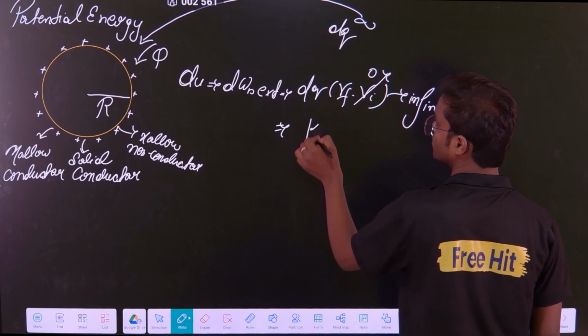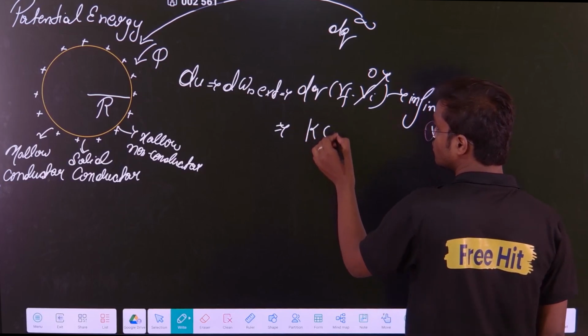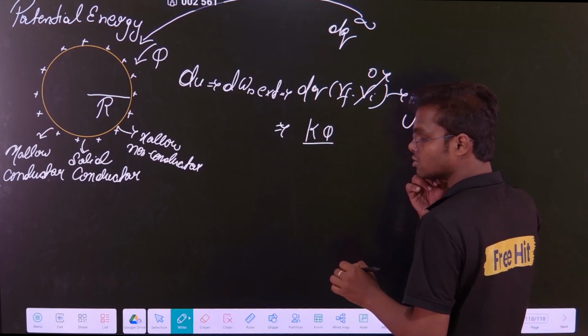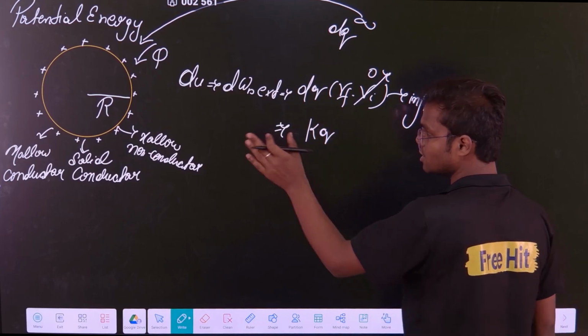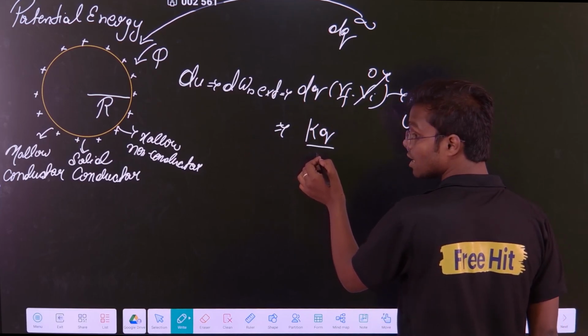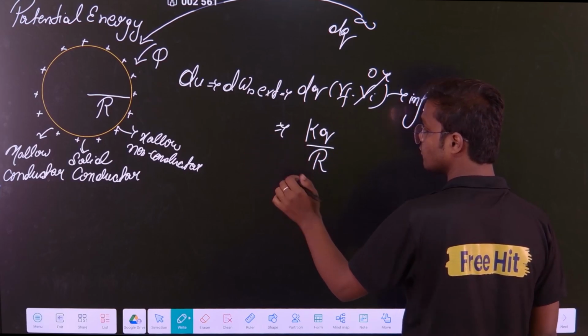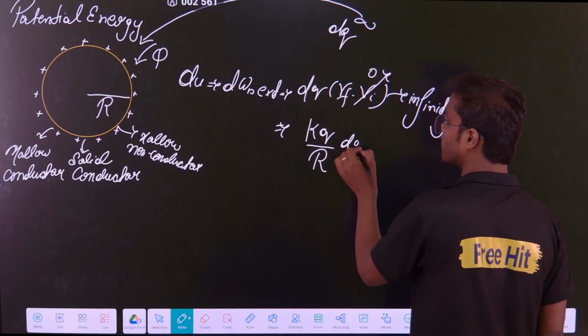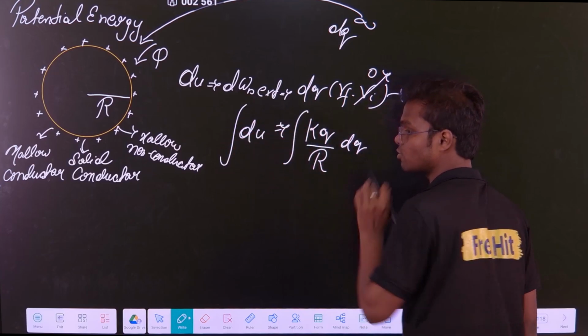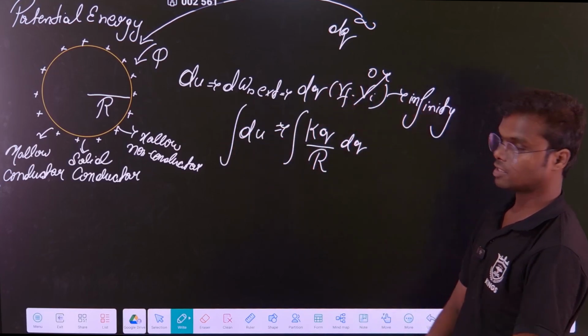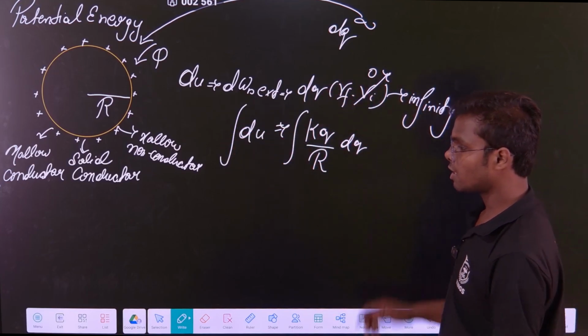It will be k q by R, where small q is whatever the charge at that time, and capital R because the sphere is fixed. Multiplied by dq, this will be my potential energy. For total potential energy I have to integrate. Now what is the limit for integration? Now you will tell me, from where am I bringing the charge?